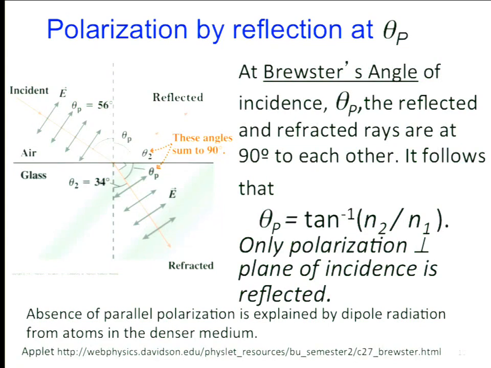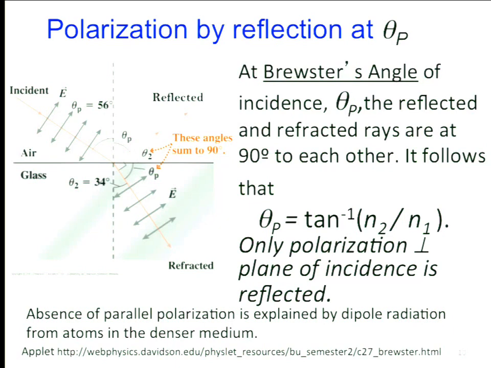Now, it's interesting: can you get polarization when n2 over n1 is greater or less than 1? In other words, you can get it when this medium is more dense or less dense. Would you get it coming this way too? And the answer is yes.